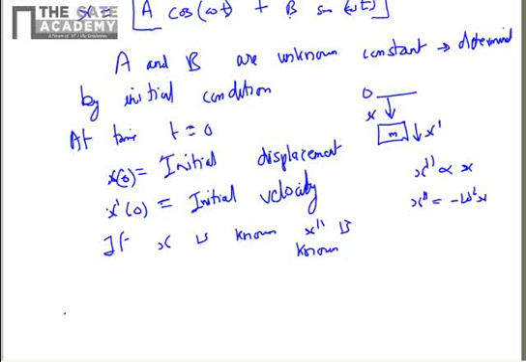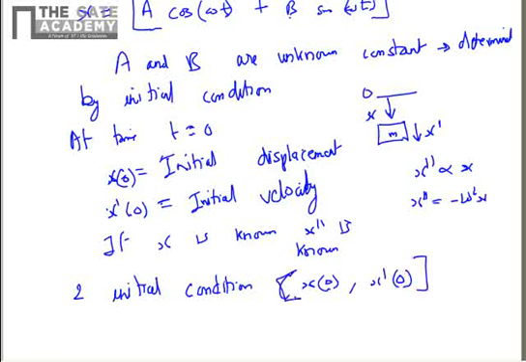We can have only two initial conditions: one is x at time equal to 0, and the other is x dash at time equal to 0. So these two initial conditions, and we have two unknown constants. So we have a closure here.